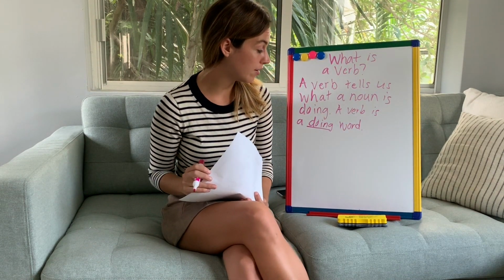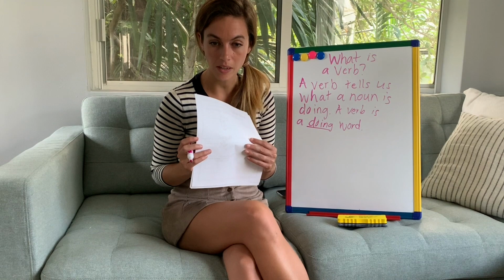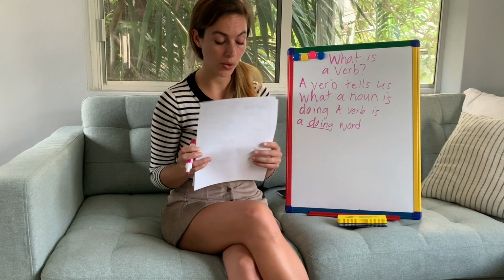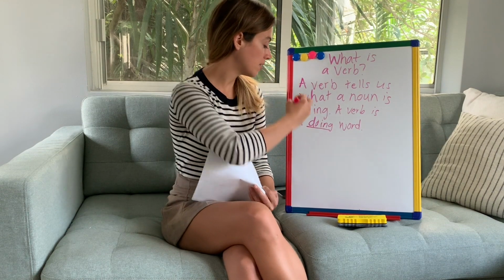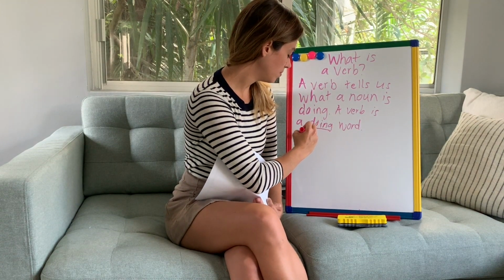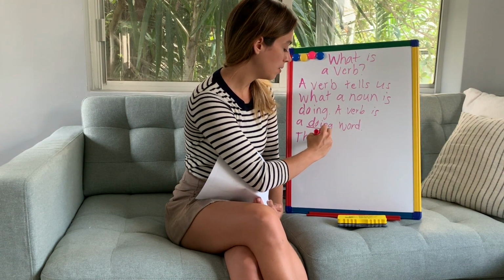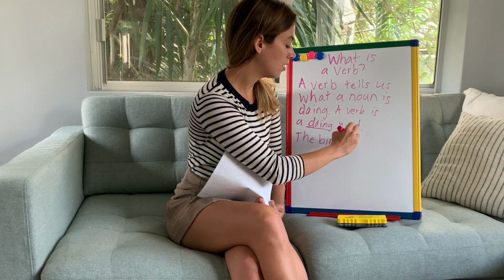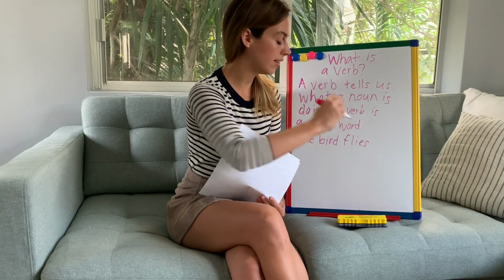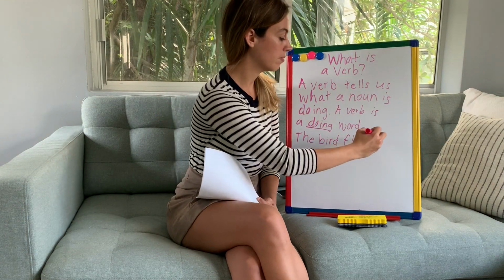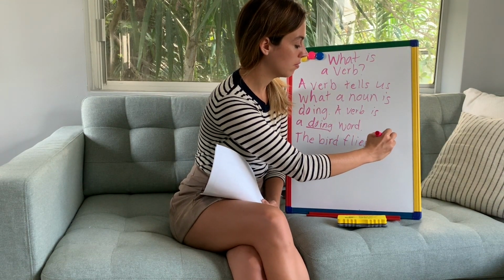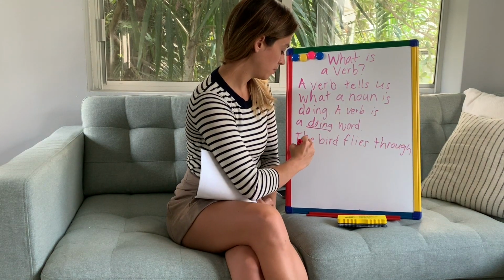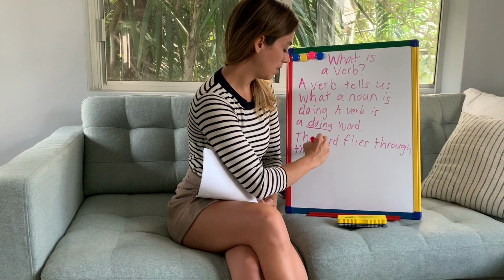Tells us what a noun is doing. A verb is a doing word, okay? So I'm going to give you some examples, okay? So our first sentence is, the bird flies through the air.